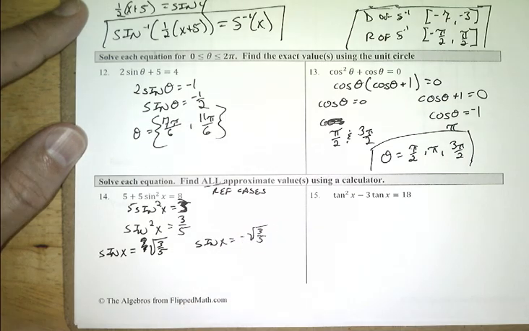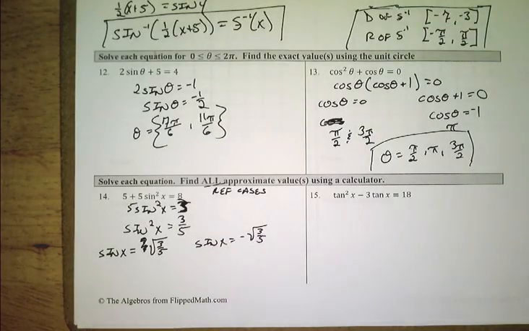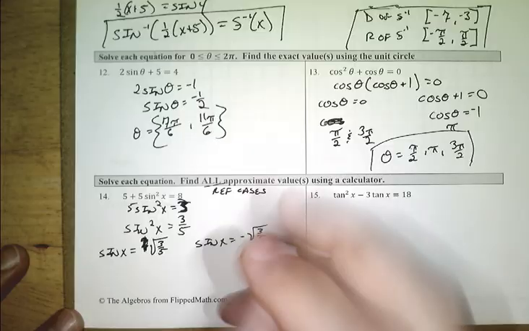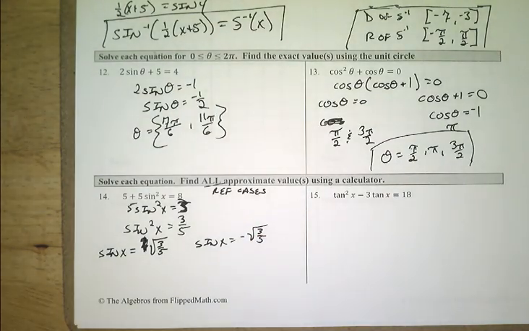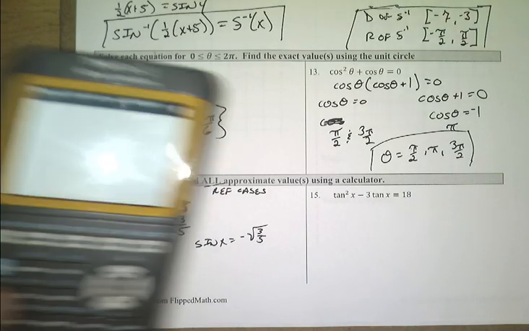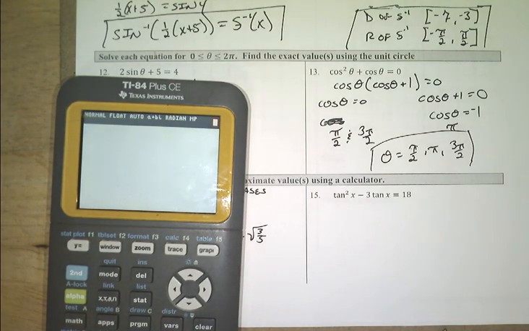So plus or minus square root of 3/5. Then we get our calculator, which I hope I brought home with me today. Hey, I did. Awesome. Okay, battery's low, but we'll see if we can make it work.